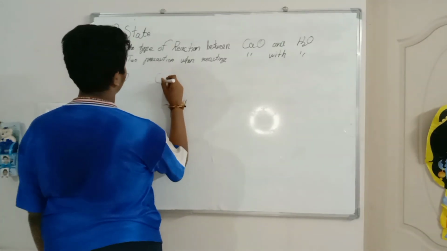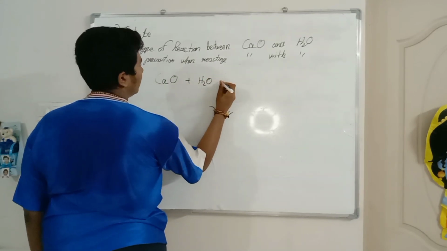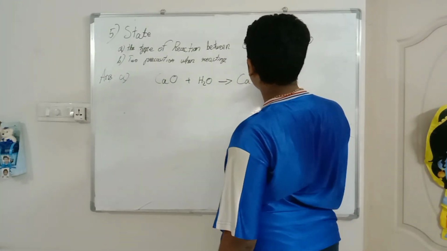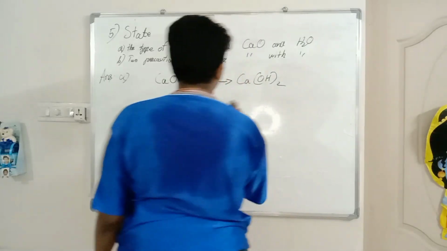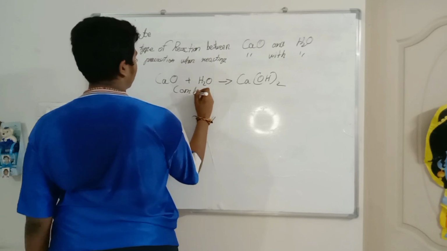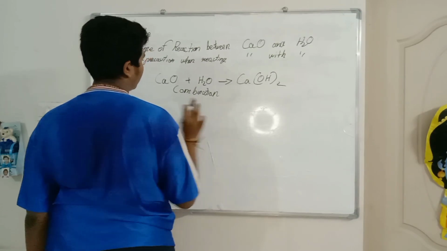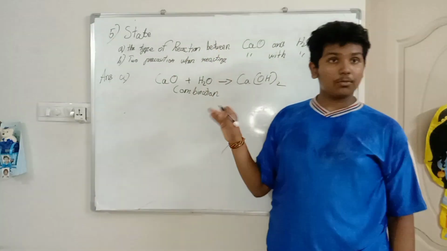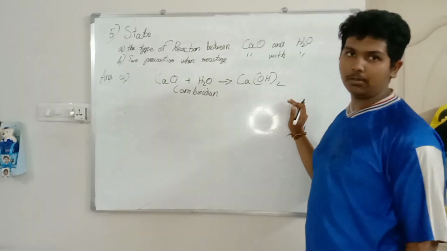Here it will be CaO plus H2O gives you calcium hydroxide, which we gave before. Question was what? Combination reaction, right? So it's combination reaction. And also in this question you have to write both the type of reaction and the equation.